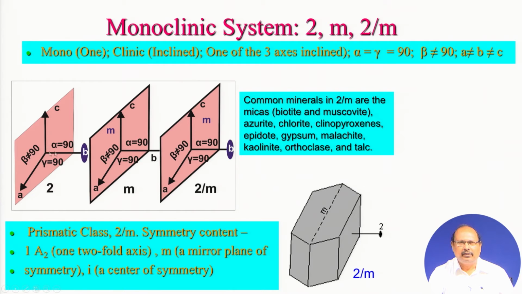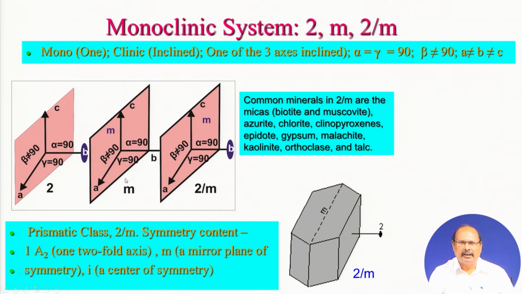Perpendicular to this two-fold axis, or perpendicular to B, you can take a plane, this plane here. In this plane, the A and C crystallographic axes will lie, and the angle A to C, that is your beta, is not equal to 90 degrees. So, in case of the point group of symmetry 2, this is the orientation of the crystallographic axes and their relation with the symmetry elements here.